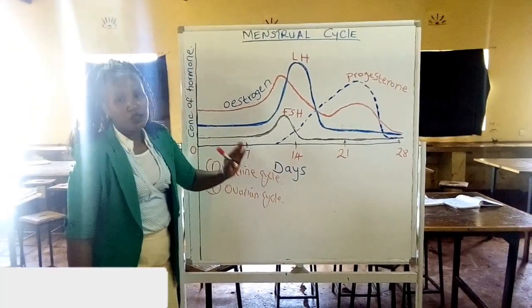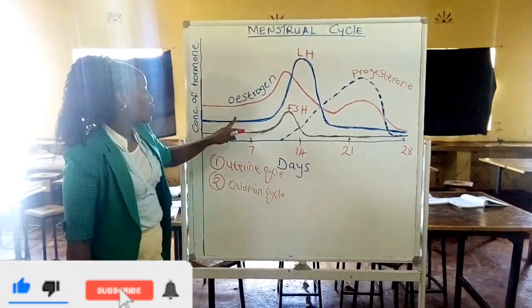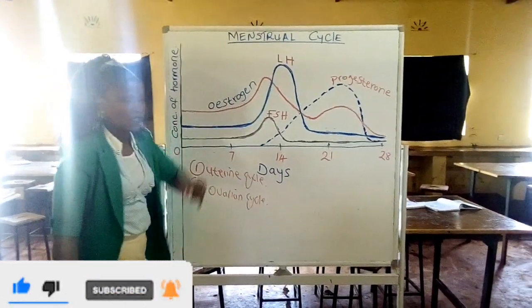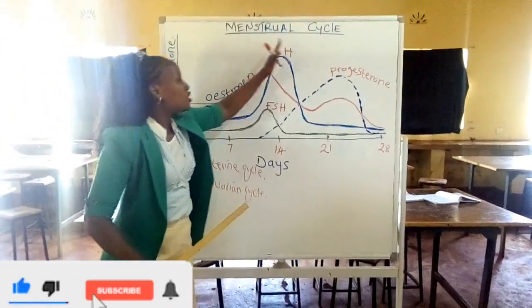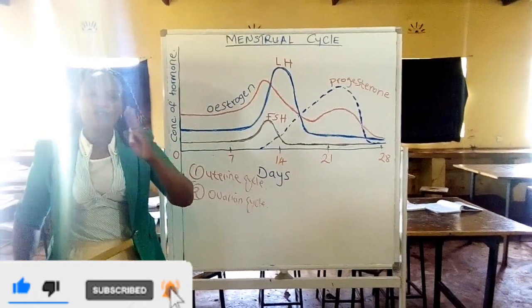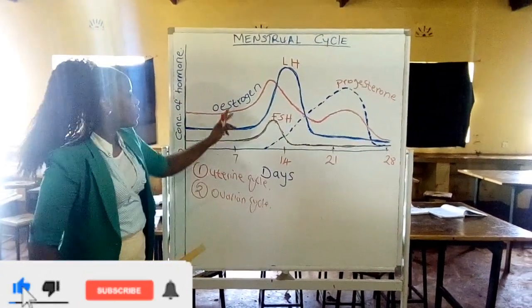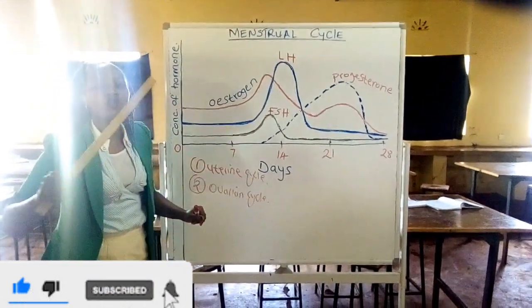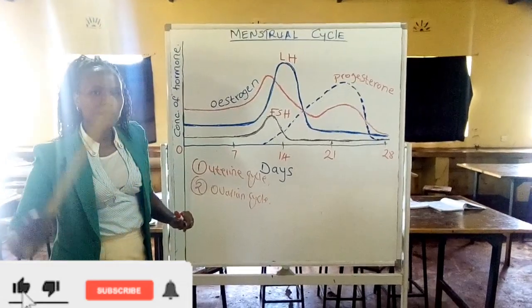As this egg matures, there will be production of estrogen. Remember, during menstruation, the wall of the uterus was broken down, was destroyed. And the work of estrogen is to heal the destroyed uterine wall.